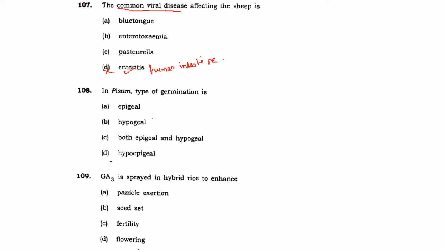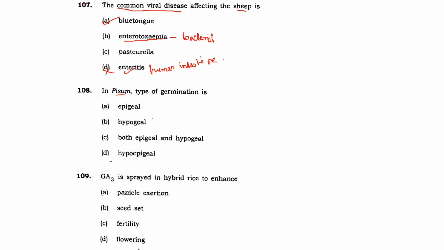Then it won't be Pasteurella because it's a bacterial disease. Enterotoxemia is a bacterial disease in sheep and goats. But blue tongue is a viral disease which is very common in the sheep. So the answer is A.